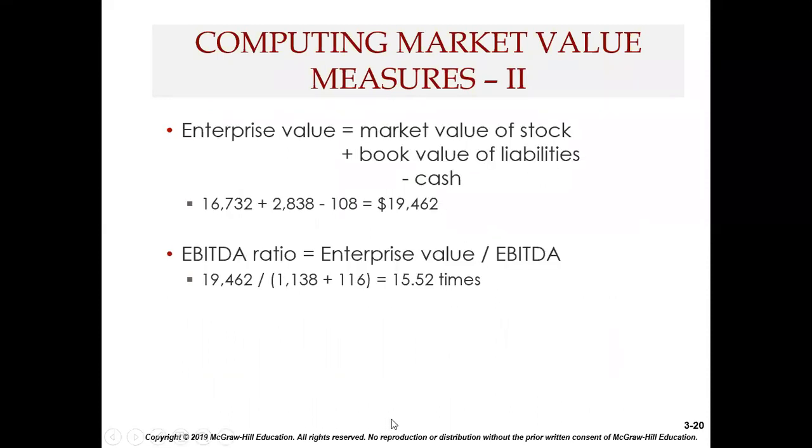Enterprise value. Enterprise value is an estimate, I'm reading this out of the book on page 67, an estimate of the market value of the company's operating assets. So what kind of value is there really in the operating assets of the company? And how we determine this is we take the market value of the stock plus the book value of the liabilities minus cash.